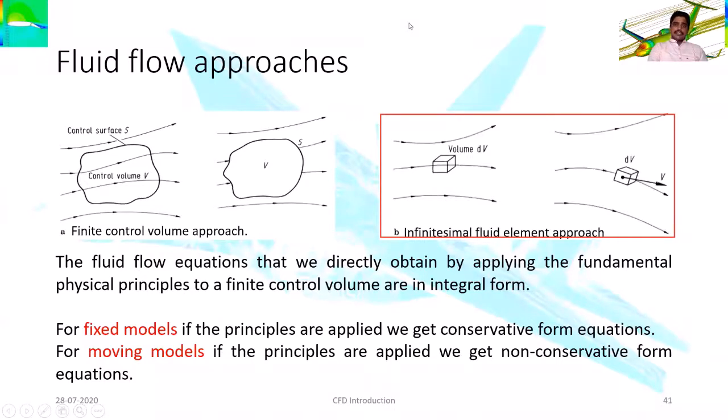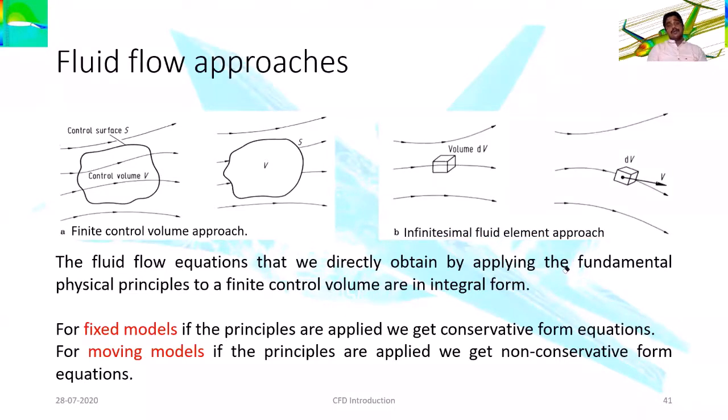We are going to obtain the governing equations for the moving as well as the fixed control volume approach. But when it is a fixed volume approach, either finite or infinitesimal, we are going to obtain the conservative form equations.